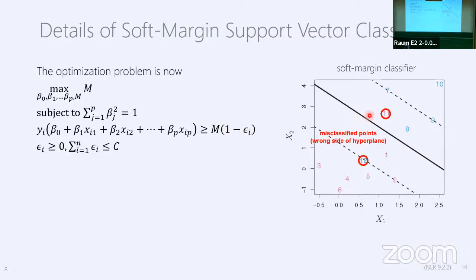Let's say we have these two data points. They're on the wrong side of the boundary. And let's say that the margin we've selected is 1. So this is the 0 line, this is the -1 line, and this is the +1 line. What should the value of epsilon i be for these data points in order for this equation to be satisfied?